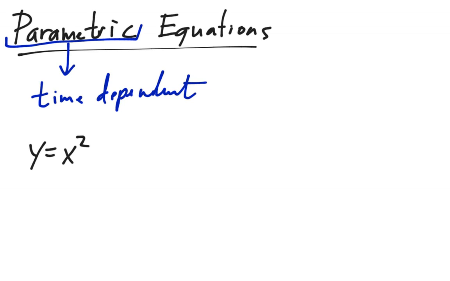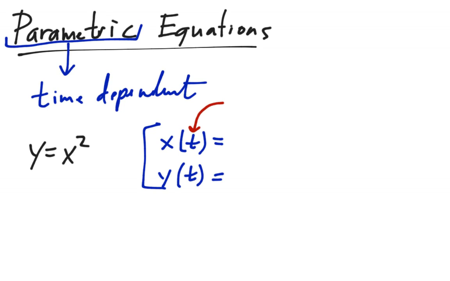Now, a parametric equation would instead be a pair of equations, x of t and y of t. Okay, and so with a parametric equation, you have a new independent variable, t, and then x and y both depend on t.